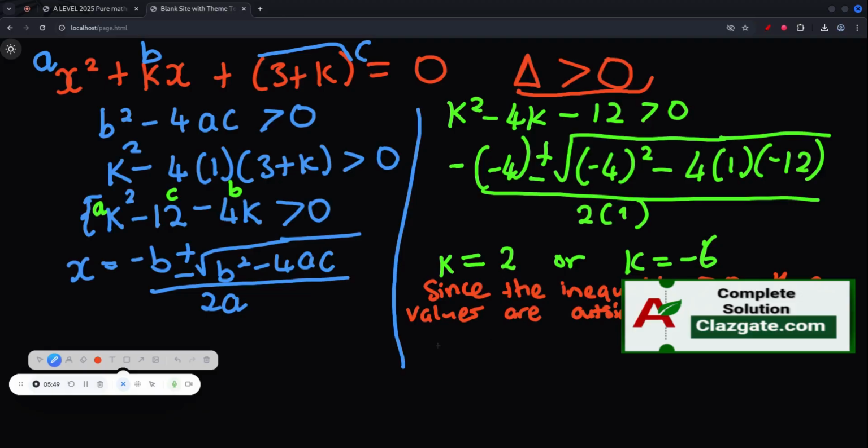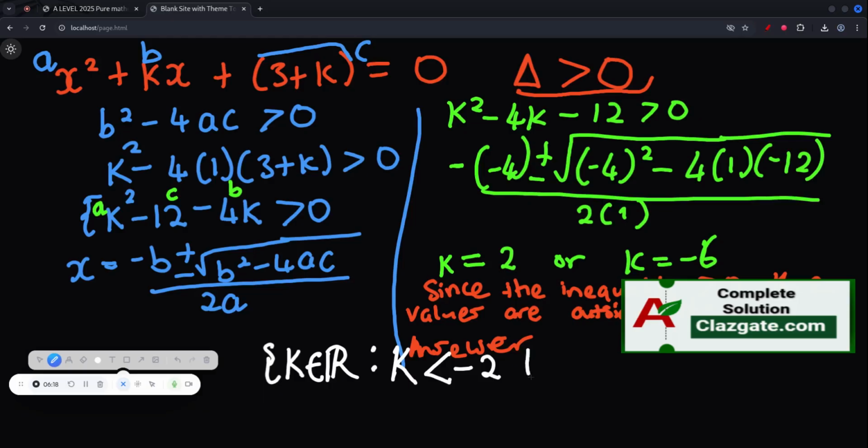This is our answer. Making our answer to be here: k is an element of the real numbers where k is less than -2, union with k is greater than 6.